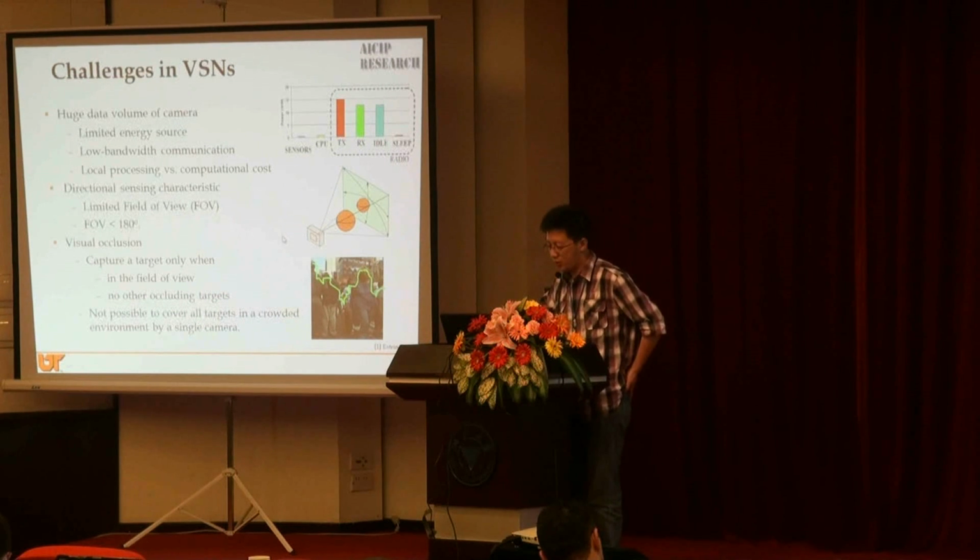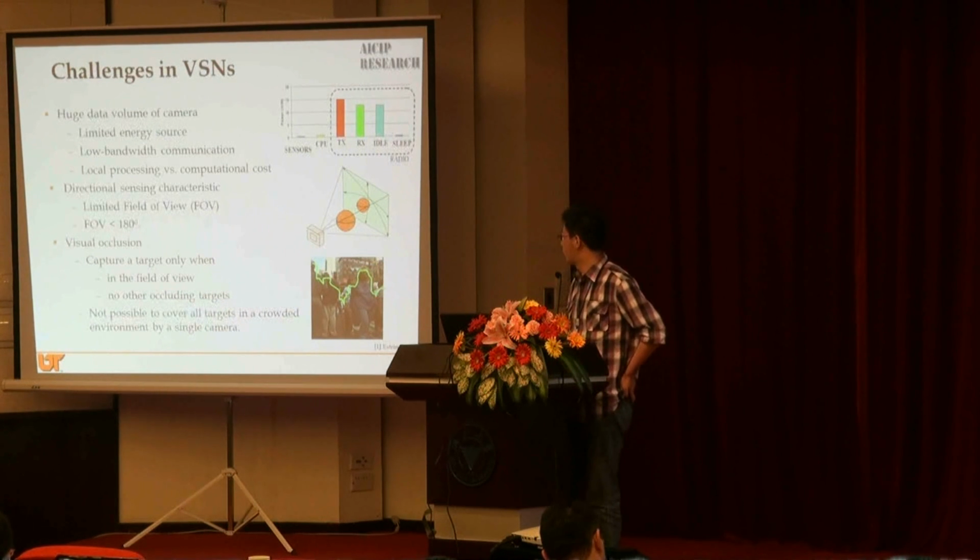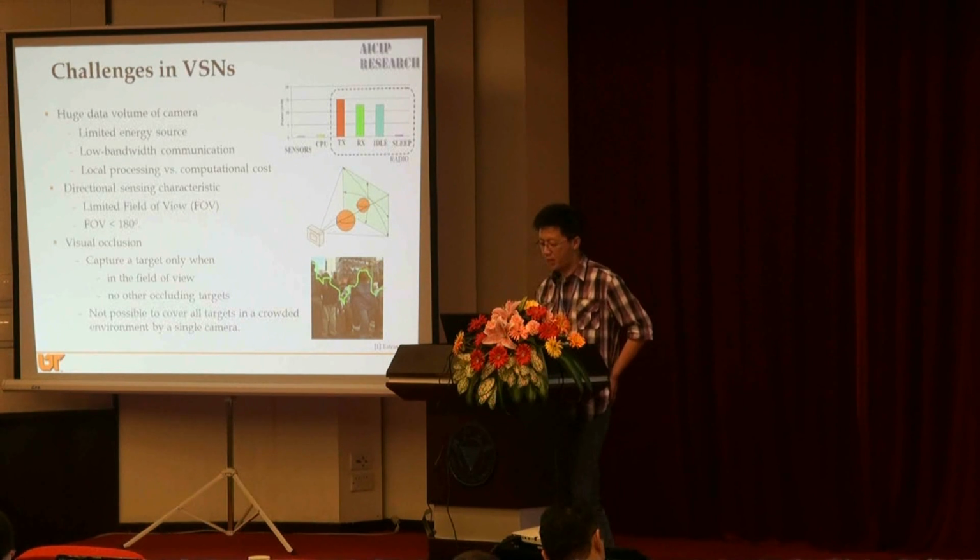The third challenge is that there may be visual occlusions. The visual sensor can capture a target only when the target is in the field of view and there are no other occluding targets. So it is not possible to cover all targets in a crowded environment by a single camera.